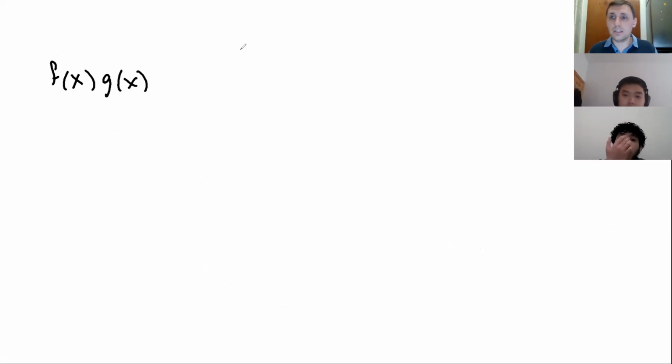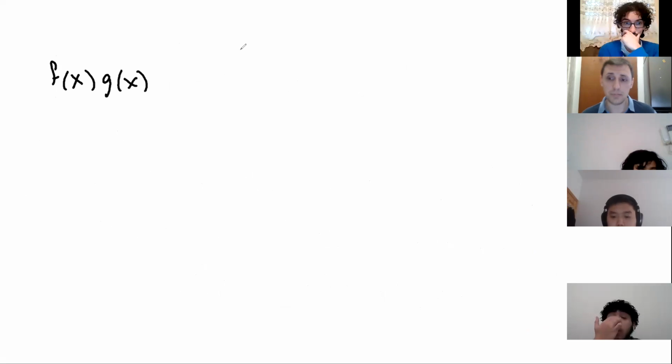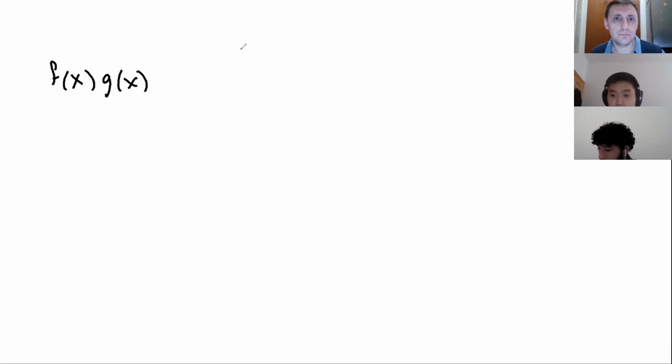We're interested in the derivative of f times g, which means we want the slope at a. What would be the formula for the slope at a? Help me. Right, I'll be right back and you think about it.